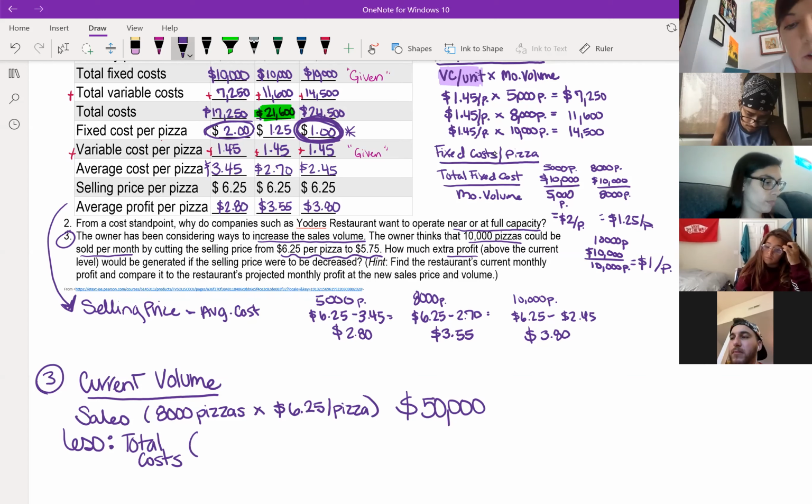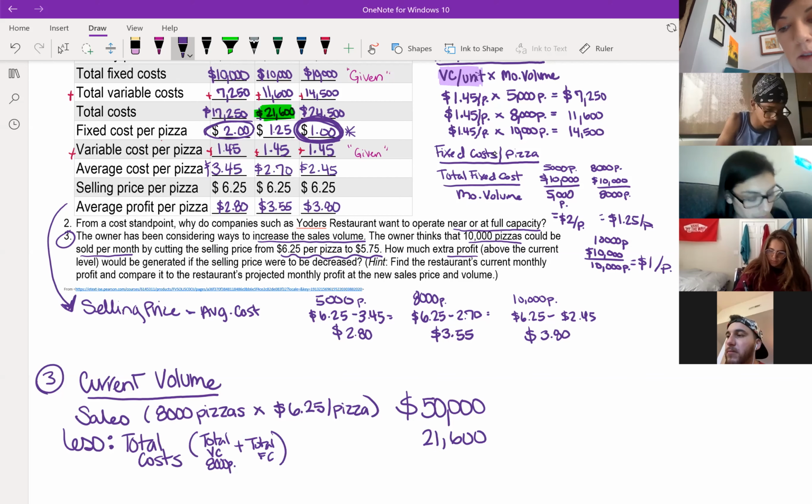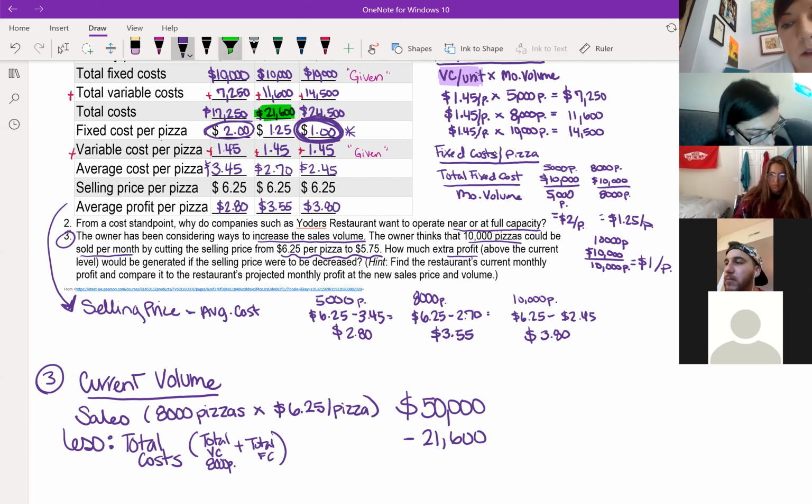So it's total variable costs at 8,000 pizzas plus total fixed costs. So we have it above, 21,600. So we're going to subtract that out to calculate the current monthly profit.